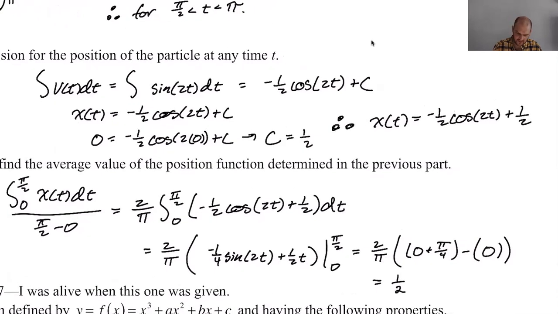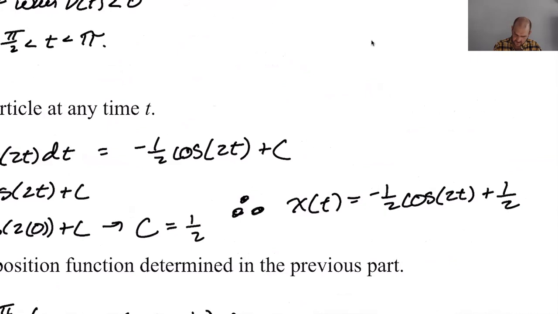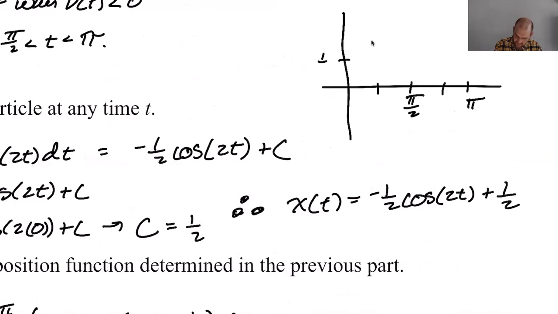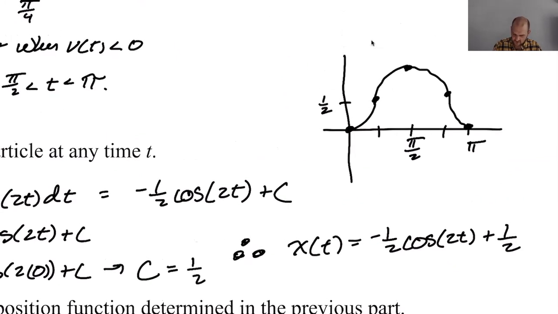So the period is still pi over 2, and it's going to be centered at 1/2, and it's negative cosine. So you're like here, here, here, here, here. It definitely feels like your average position on the interval from 0 to pi over 2 should be 1/2, right? Because you're below it and moving kind of identically to how you're above it. I think that makes perfect sense.